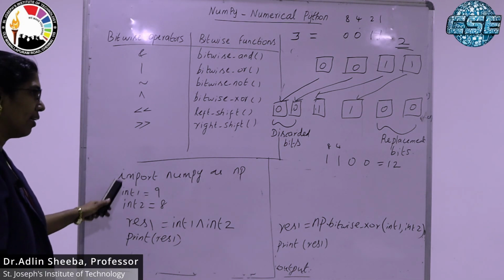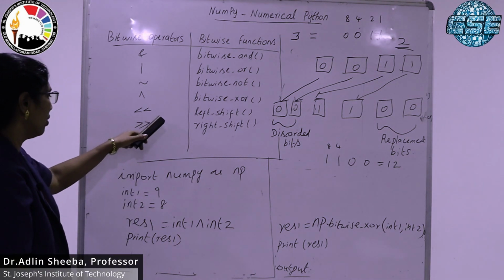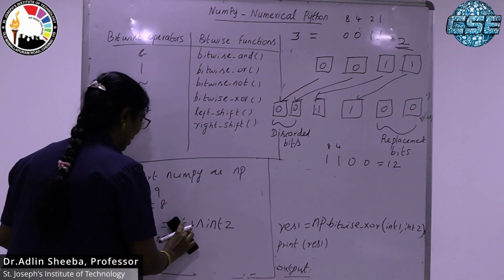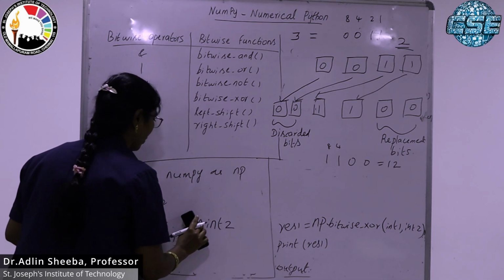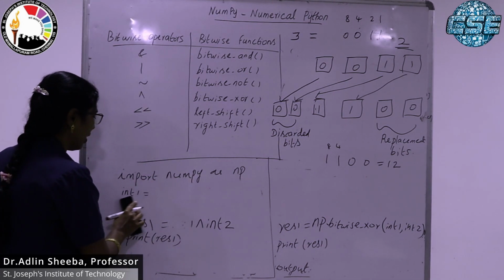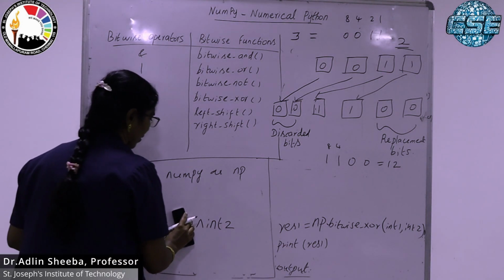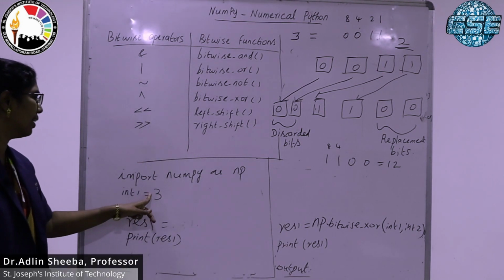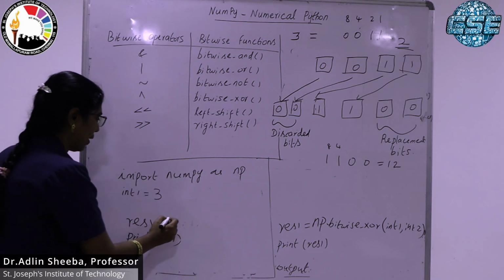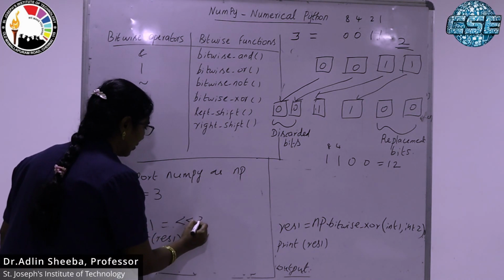Now let me show this in code. We are using the left shift operation. I am going to take one integer, int1 equal to 3, then use the left shift operator.